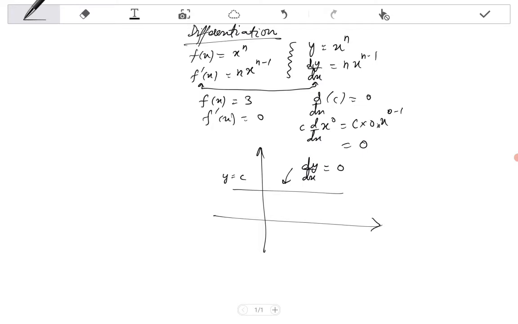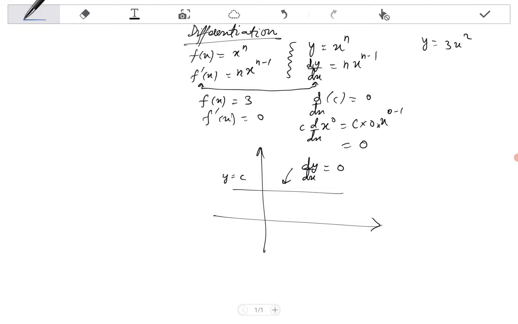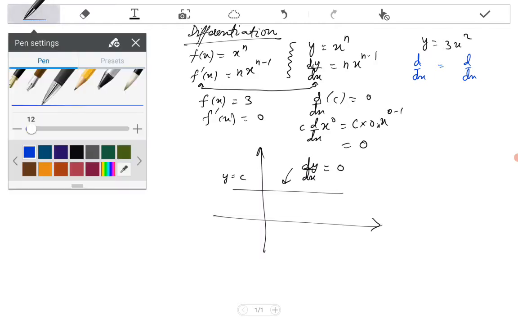When a constant comes with the variable part, like y equals 3x squared, this is the original equation, and we have to find the derivative. How do we find it? First of all, we apply our derivative operator d by dx on both sides, but it is applied only on the variable part.